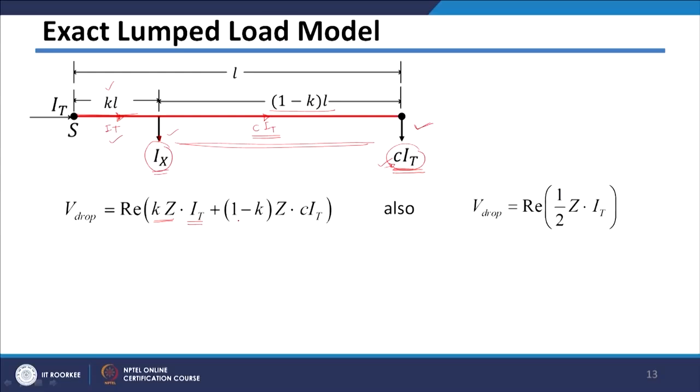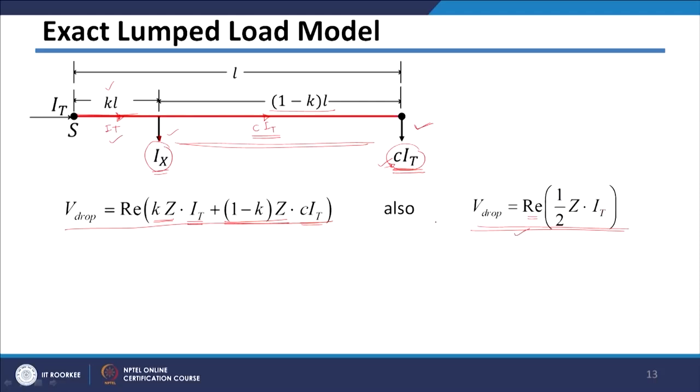In second section the impedance will be 1 minus K multiplied by Z, and your current we have seen is C IT. So, in this case your voltage drop will be given by this one. However, we have seen that true voltage drop value in the last part of the lectures, it is real part of 1/2 Z dot IT.